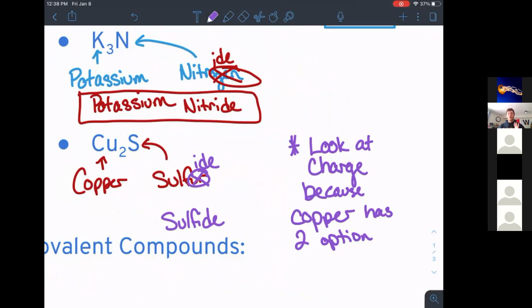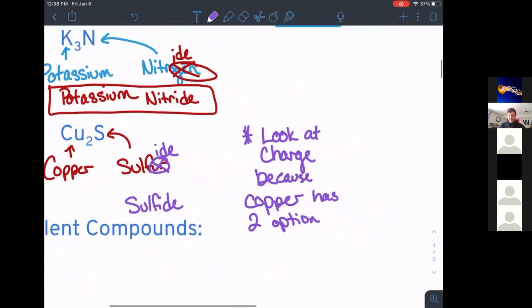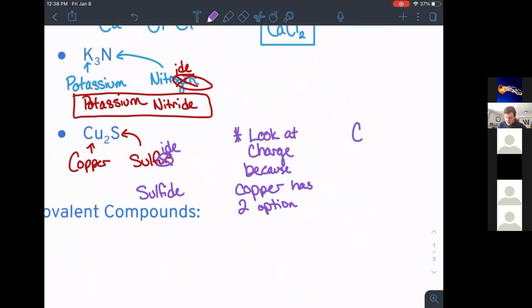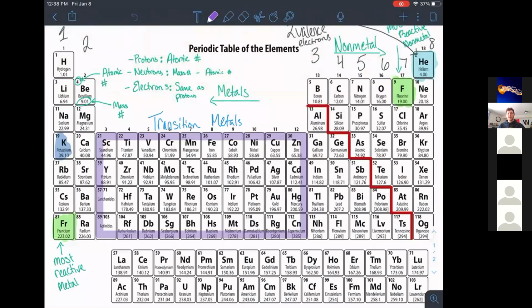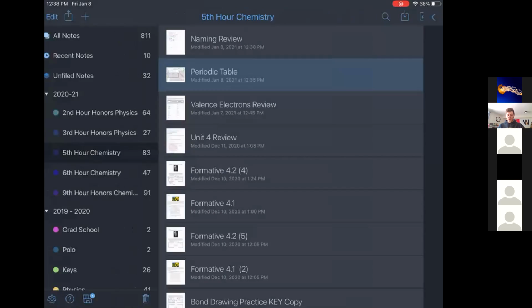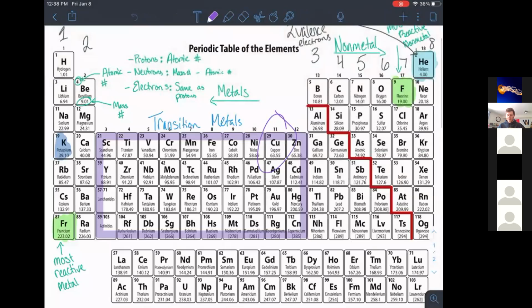So we have to figure out which one we're dealing with, which means we need to know the charge of each of those coppers and the sulfur. Only one of those we can figure out from the periodic table. So we have copper or sulfur. Do you know the charge of copper just off the top of your head? Or do you know the charge of sulfur based on the periodic table? Which one can you figure out easier?